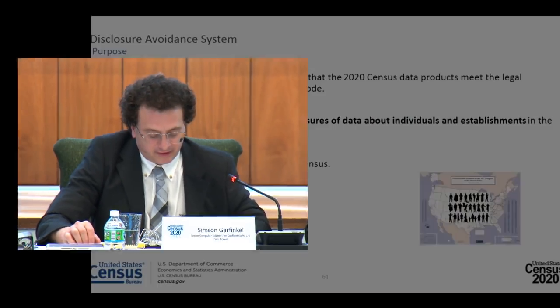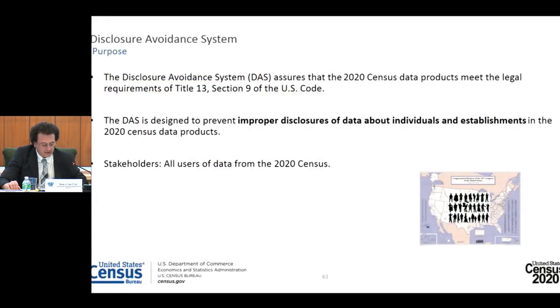Hi, I am Simpson Garfinkel, the Senior Computer Scientist for Confidentiality and Data Access. I am giving this talk on the 2020 Disclosure Avoidance System on behalf of myself and John Abowd, the Chief Scientist and the Associate Director for Research and Methodology. The Disclosure Avoidance System assures that the 2020 Census data products meet the legal requirements of Title 13, Section 9 of the U.S. Code.